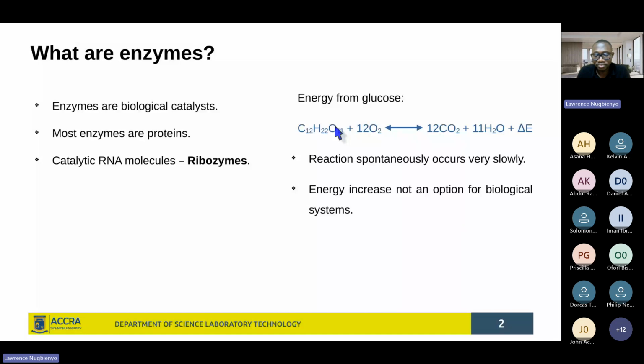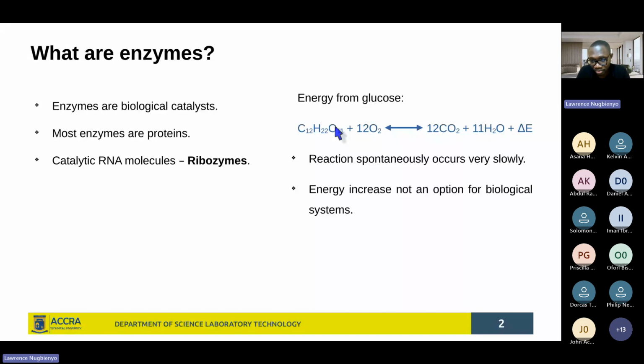But that's not an option for biological systems, because we learned biological systems are made up of biomolecules. And some of these biomolecules, like the proteins and nucleic acids, if you increase temperature above the physiological temperature, I mean 36.6 degrees, approximately 37 degrees Celsius, by the time you get to 39, 40, you start having what we refer to as denaturing.